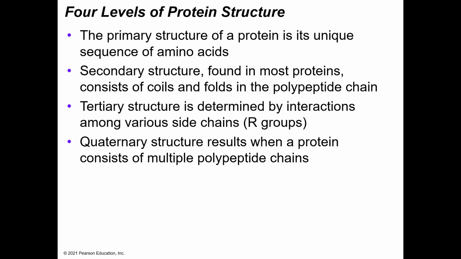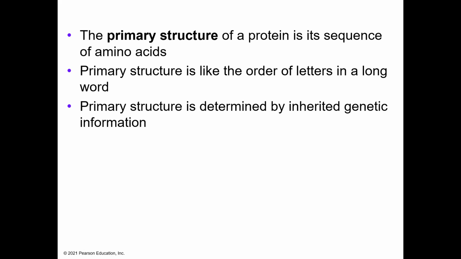The coiling and folding of the chains can stay bound together and form tertiary structures. Now, tertiary structures can be bound together and form quaternary structures, which results when a protein consists of many multiple polypeptide chains. So we're going to go through each one because that's a lot of information to remember off one slide, but we'll go through each one.